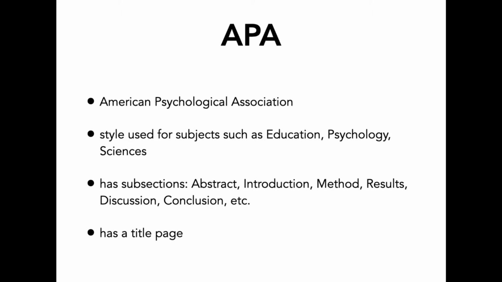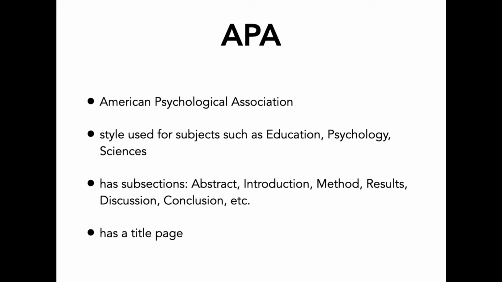So in an APA article, you'll see headings like abstract, introduction, method, results, discussion, conclusion, and so on. And you won't see that in an MLA paper. An MLA paper is just one big long essay without different sections, but APA is split into subsections.